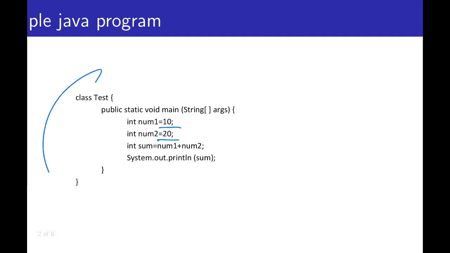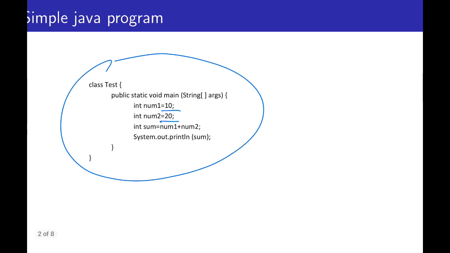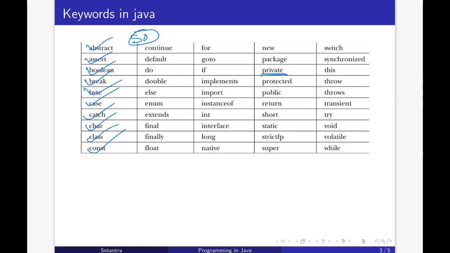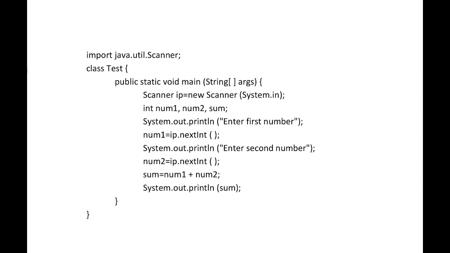So we modify this program and take the values of num1 and num2 from the user during runtime. Okay, so here you can see this is the program.